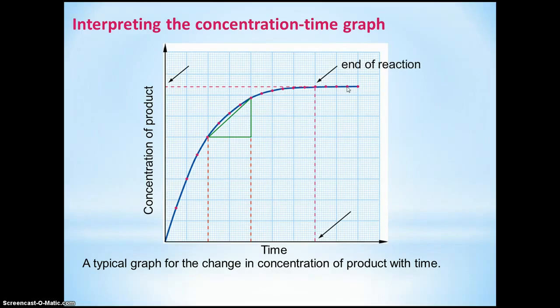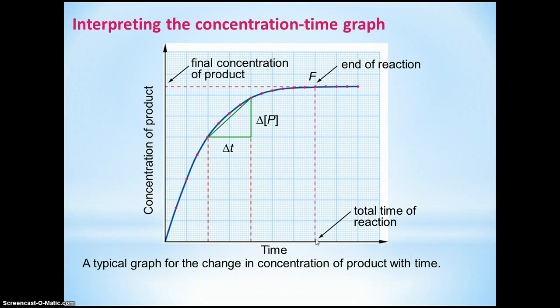When we look at this point, the concentration means the final concentration of the product. At the same time, the time taken right here is the total time of the reaction.